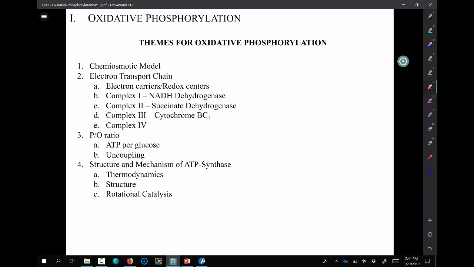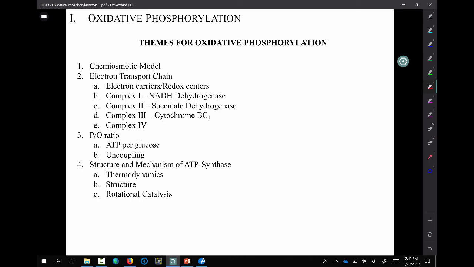We'll start from a really broad standpoint, just chemiosmotic theory. What do we mean by that? Moving into the electron transport chain, we'll talk about something called P/O ratios, okay, a very important aspect in terms of how much ATP we can get per NADH and FADH2. And then finally we'll get down to the structure and mechanism of ATP synthase, which is pretty fun stuff.